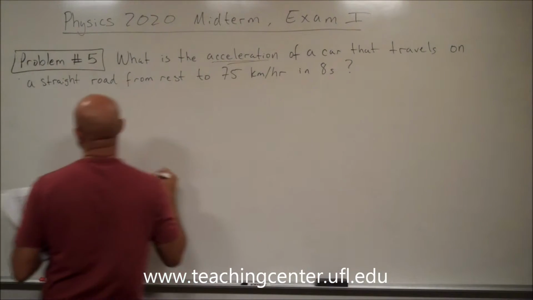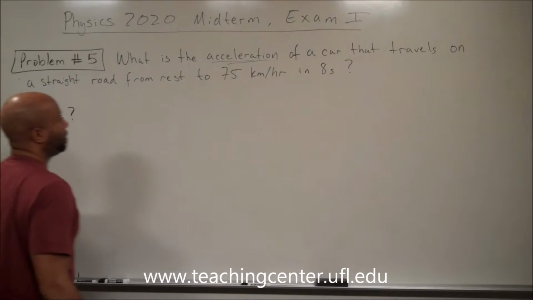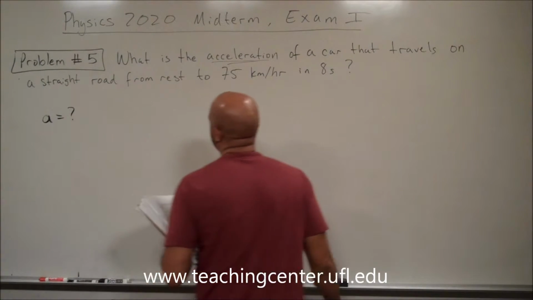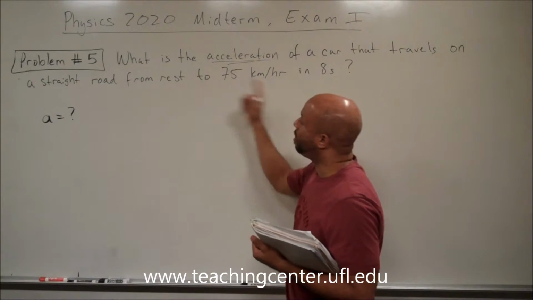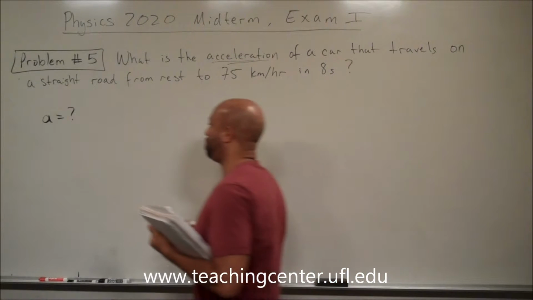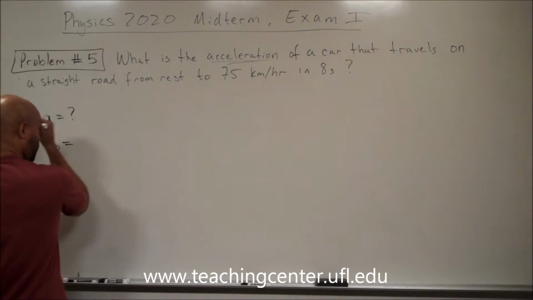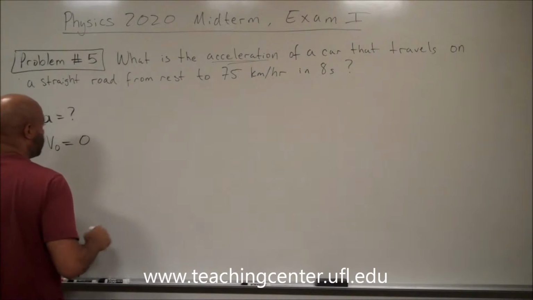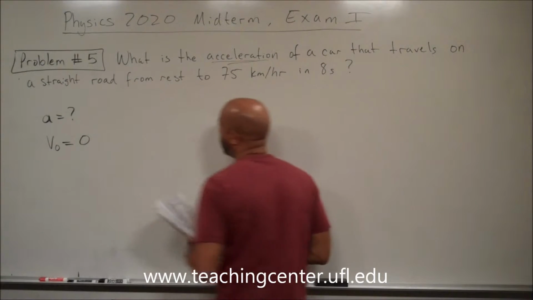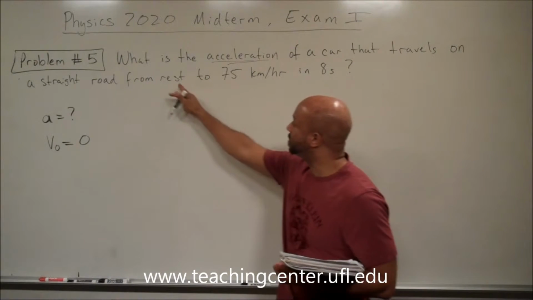Okay, we want to find acceleration, so we want to know what is the acceleration, a. And we know that the car is traveling on a straight road from rest, and so that implies that our initial velocity is 0, because it's not moving, so it doesn't have initial velocity when it's from rest.